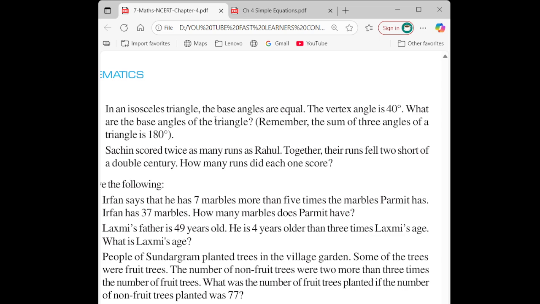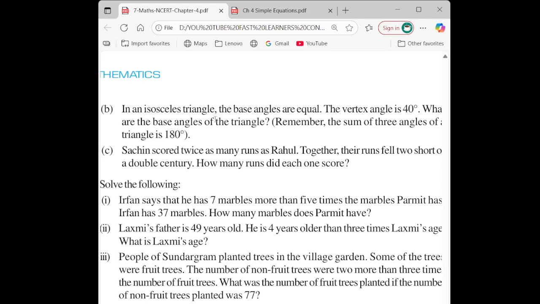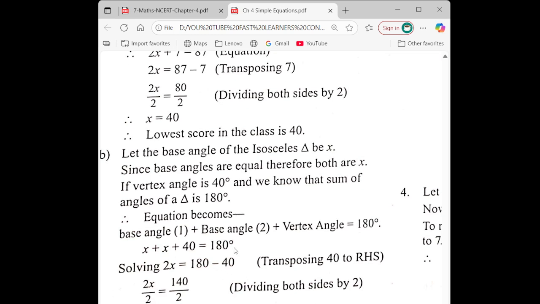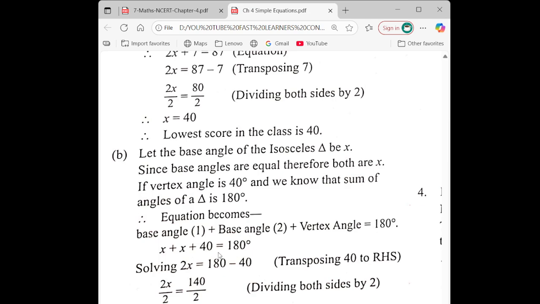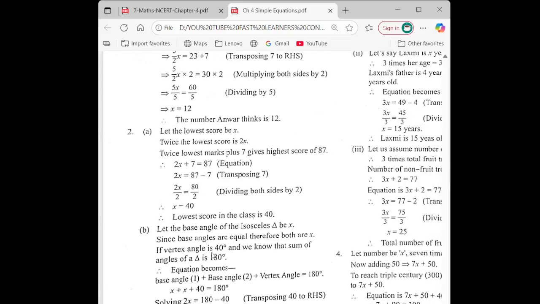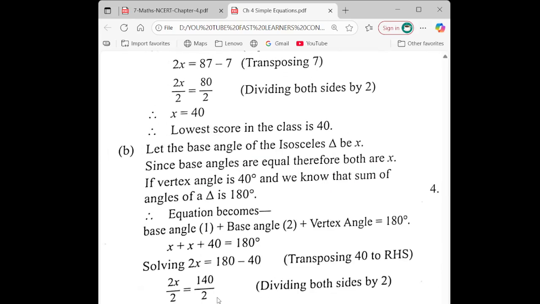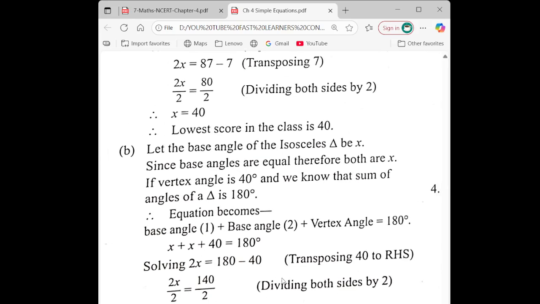Okay, you know that isosceles triangle has two equal sides and two base angles of the same measure, and the third angle is different. So the third angle which is different is already given to you, 40 degrees, and you have to find out the other two angles. So this is how you will take that the base angle is x. You have to think about it, and then you will complete this question.